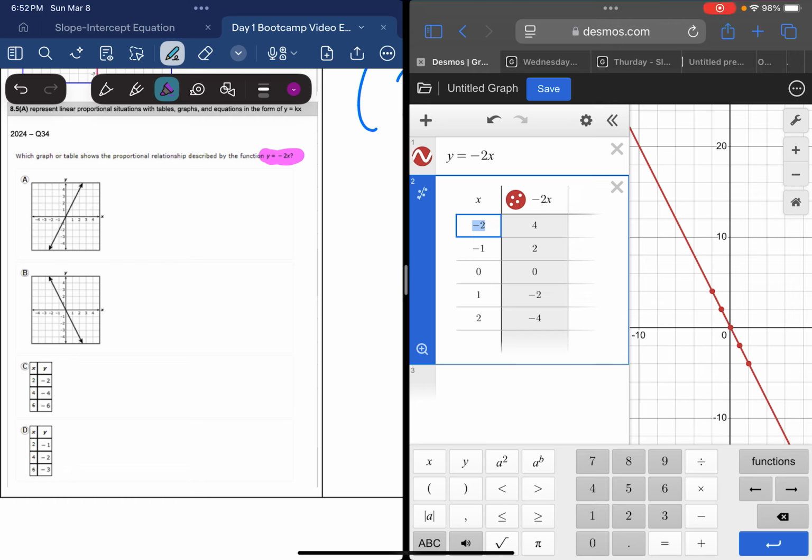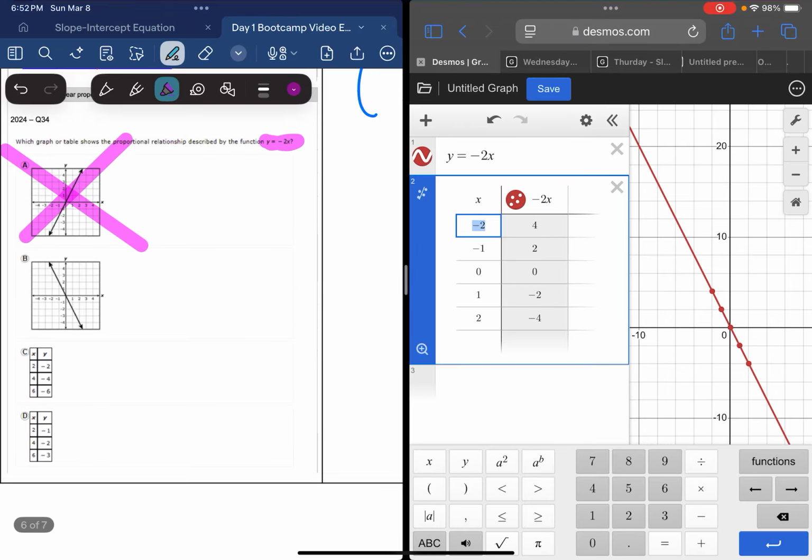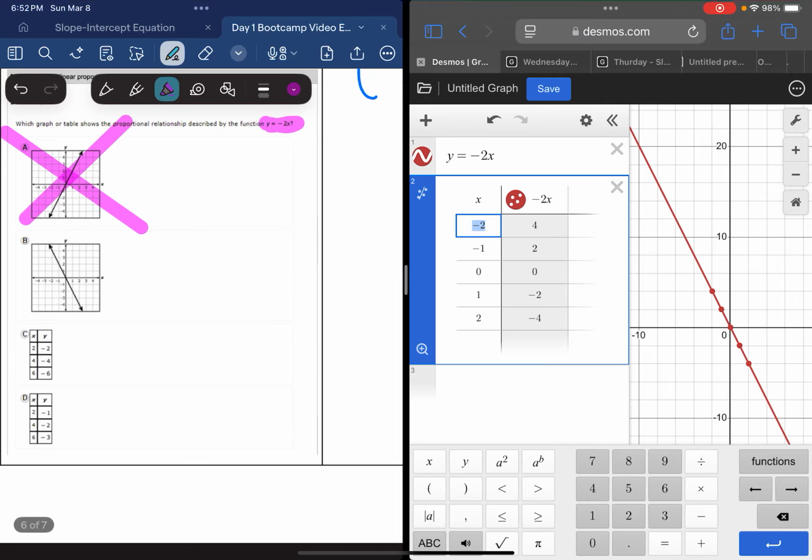So I can already tell that this letter A is wrong because the graph is going in the wrong direction. B looks very similar to the graph I have on Desmos, so maybe. C has our first point at 2, negative 2.